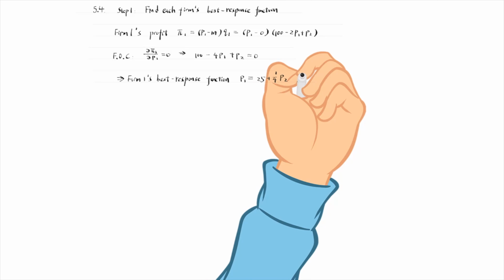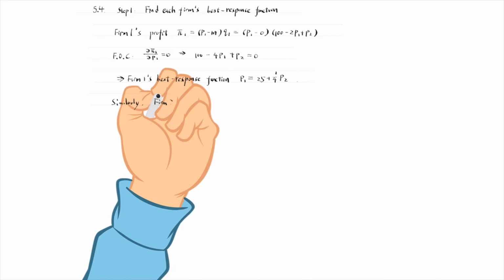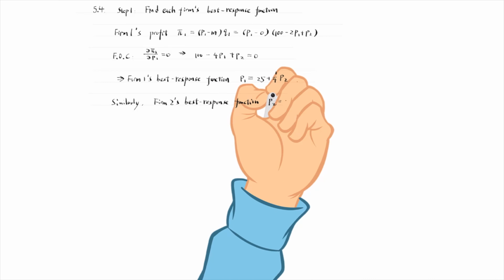It indicates how much Firm 1 charges to maximize its profit for each price its rival sets. The Bertrand best response curve has a positive slope. Using the same method, we obtain Firm 2's Bertrand best response function.